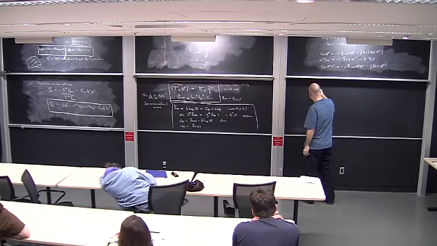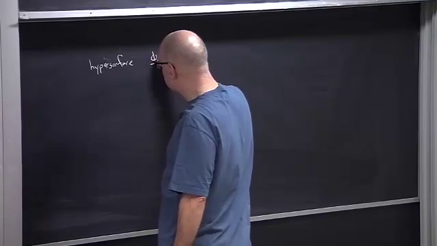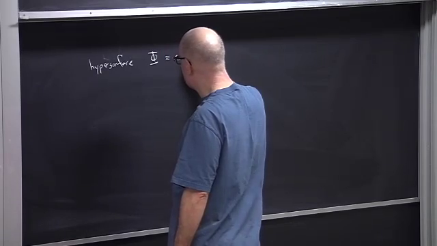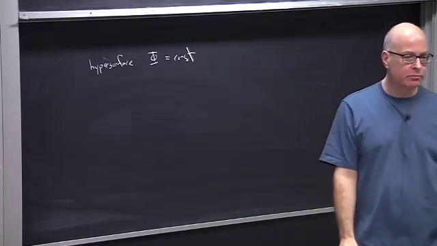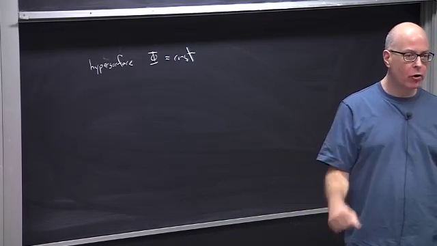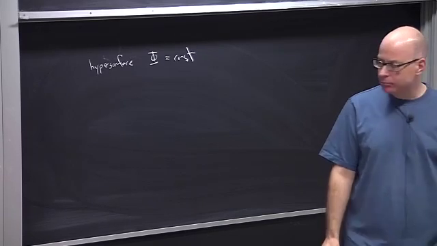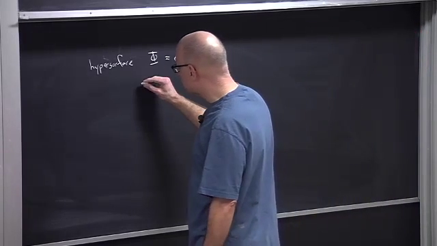The normal to the surface is proportional to the gradient of that scalar function.